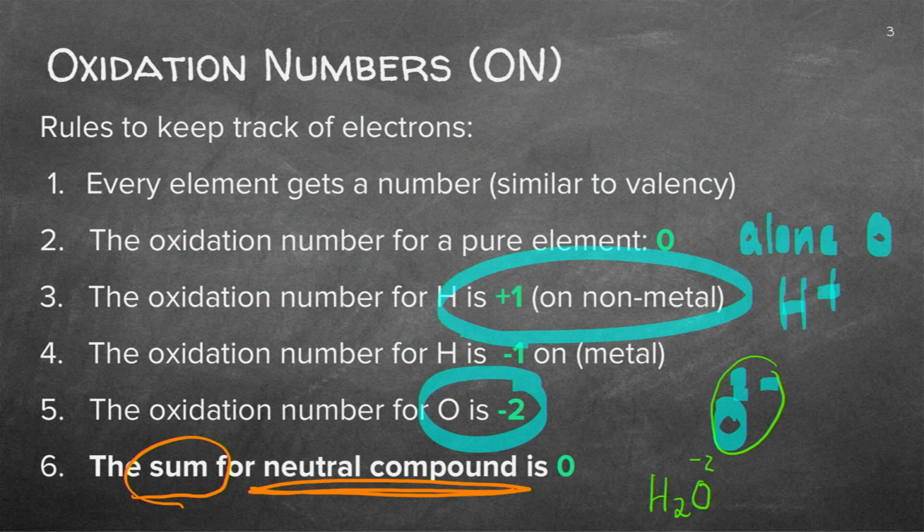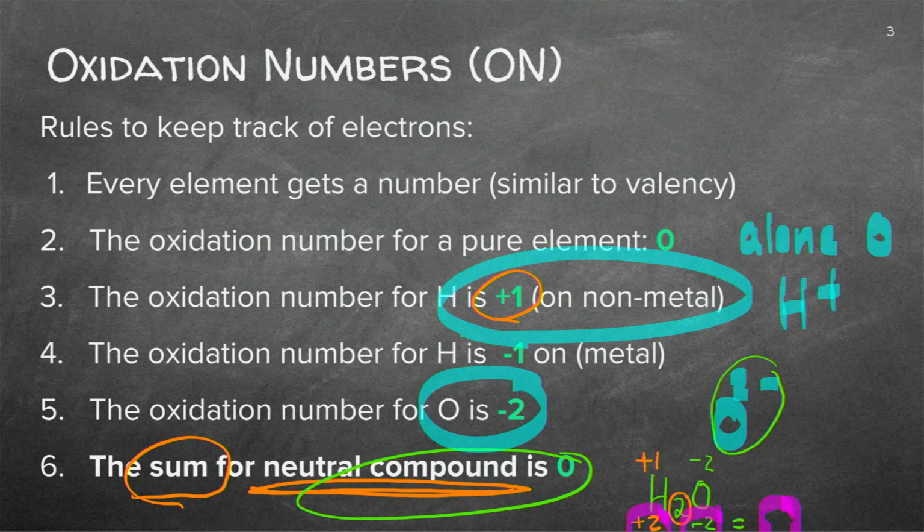I know the hydrogen is going to be, can you remember, +1. How many hydrogens do I have? Well, I've got 2. So I've got +2 that side and -2 here. That will result in a neutral compound. So a +2 and a -2 gives me 0. So that's where we are going to use it.